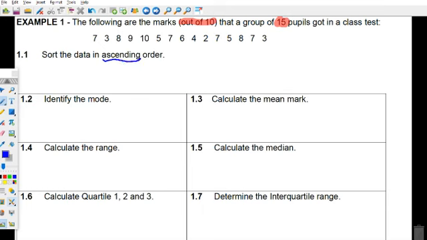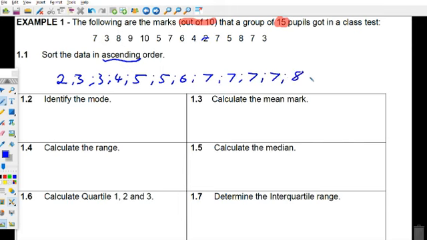So in ascending order, it's going to be 2, 2, 3, 3, 4, 5, 5, 6, four 7s, 8, 8, 9, and 10.